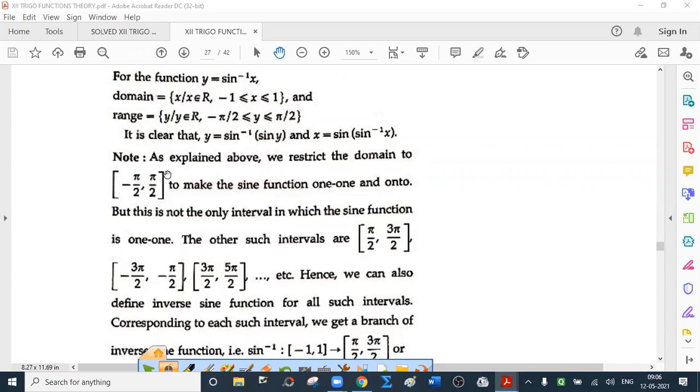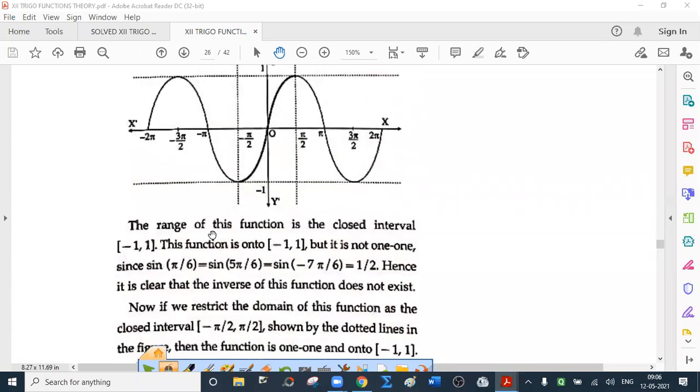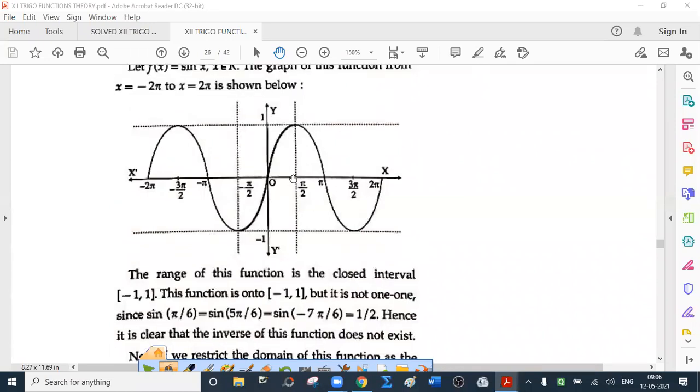Now this part is again important. As explained above, we restrict the domain to the closed interval minus pi by 2 to pi by 2 to make the sine function 1-1 and onto. But this is not the only interval in which the sine function is 1-1. The other such intervals are pi by 2 to 3 pi by 2. See this pi by 2 to 3 pi by 2. Can you see this part?